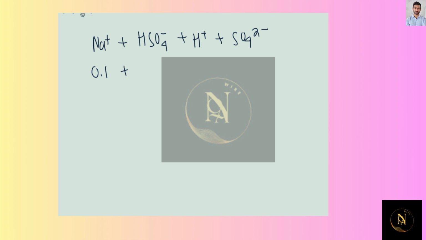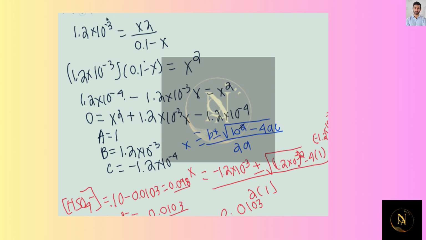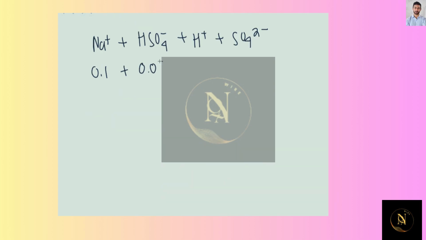We know our HSO4 minus is 0.098. And then our H plus and SO4 2 minus are the same, and that's 0.0103. Now when we add those up, we get a total ion concentration of 0.209 molar.